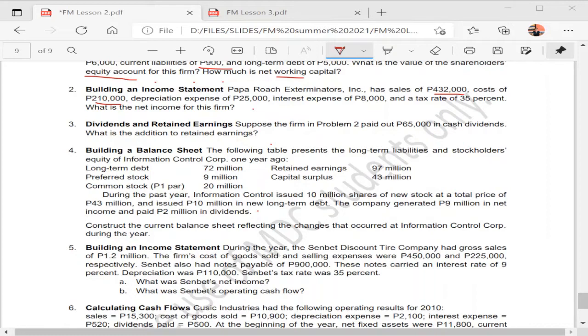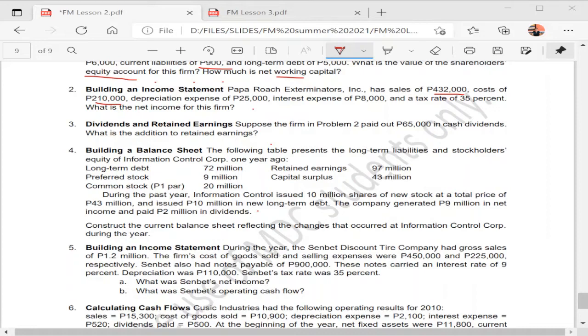Every time there is an income, that's debit to income summary and credit retained earnings. Therefore, add if there's income. If there's a loss, debit retained earnings, credit income summary. So if there's a loss, that is a deduction from retained earnings.